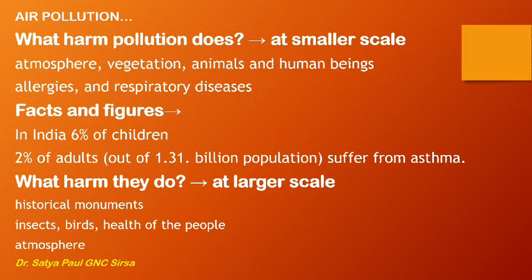Historical monuments are affected. You must have heard that the color of the Taj Mahal is being spoilt by the smoke of the industries. Insects, birds, and the health of people, the whole atmosphere of this earth has been spoilt by air pollution. All these things come under the heading of the larger scale.